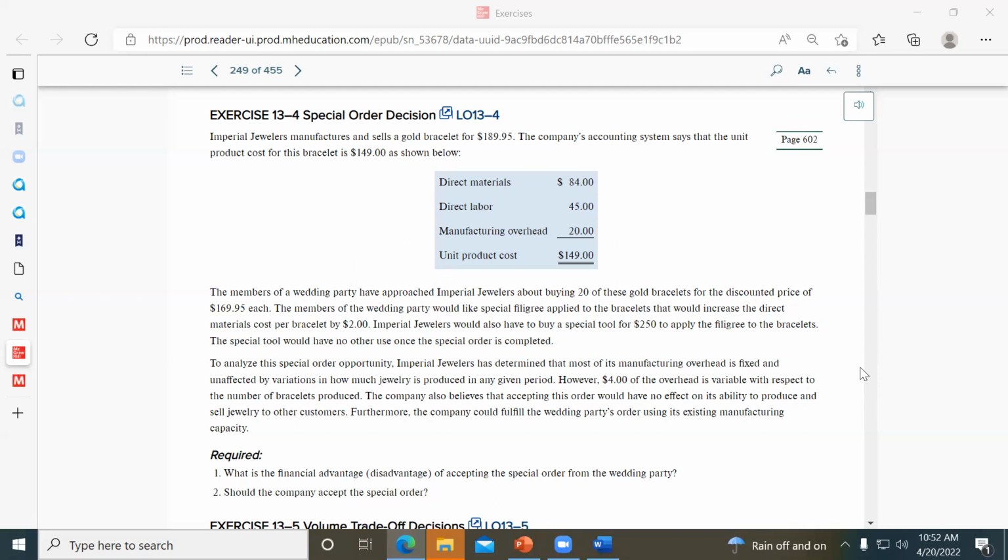The company believes that accepting this order would have no effect on its ability to produce and sell jewelry to other customers. The company could fulfill the wedding party's order using its existing manufacturing capacity. What would be the advantage or disadvantage of accepting the special order from the wedding party?